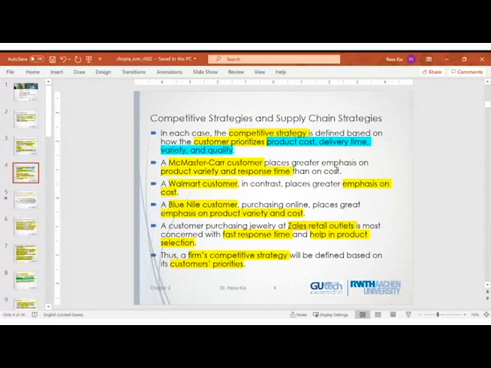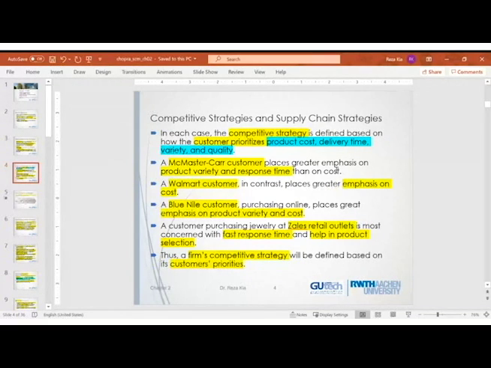For example, in McMaster-Carr, the retailer that we were discussing in the previous slide, for their customers the response time is important. It's more important than the cost. But in Walmart, usually they are concerned about the cost rather than the response time.